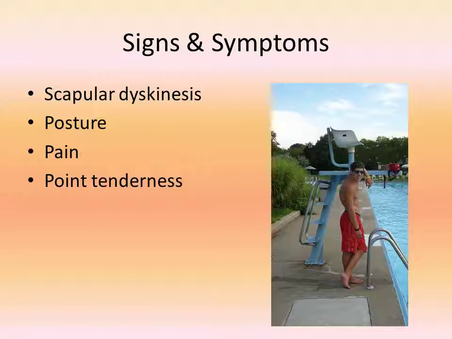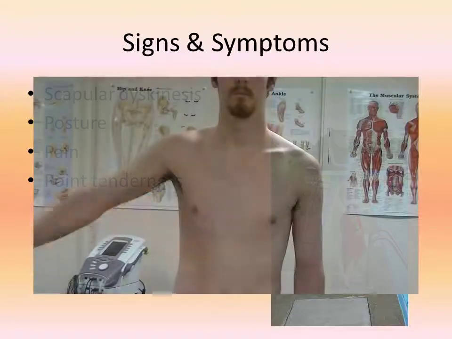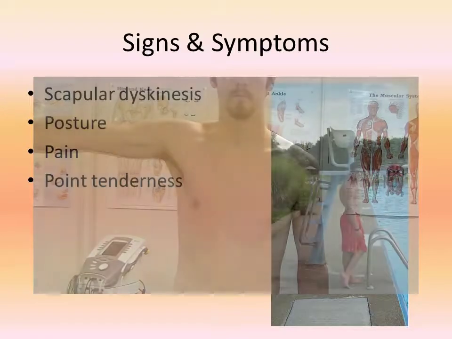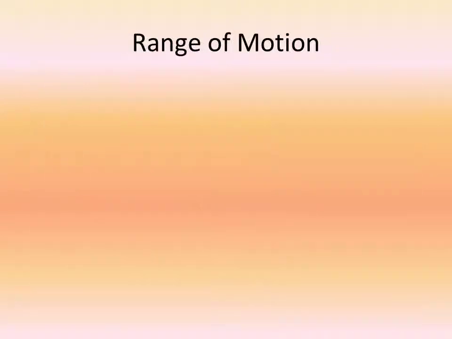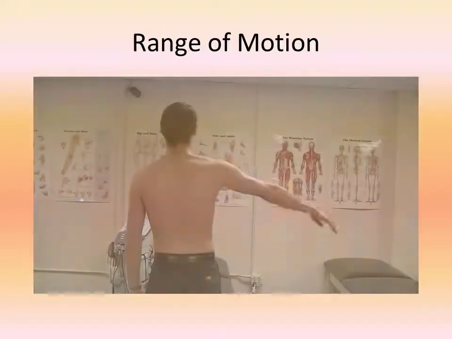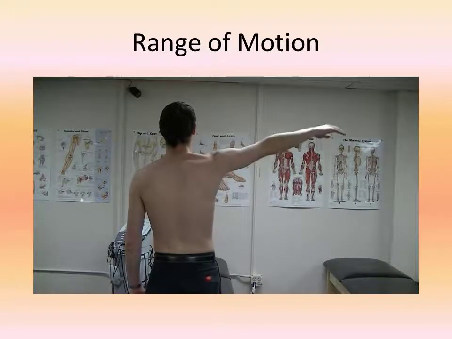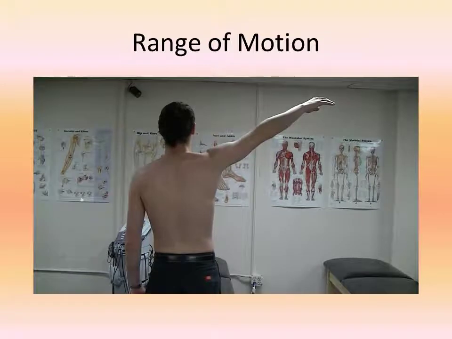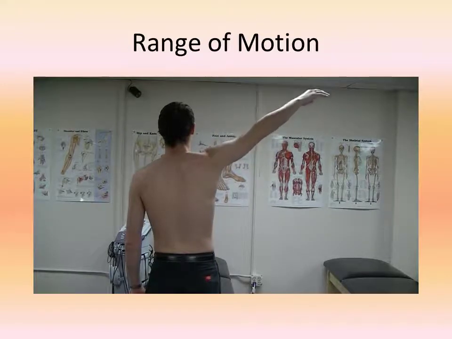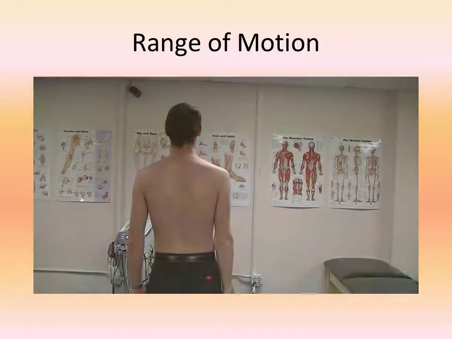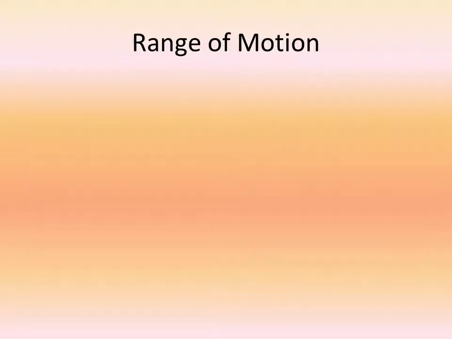The patient will also complain of nocturnal pain, and they will have pain with greater than 90 degrees of shoulder abduction and or flexion. Range of motion wise, we're going to look for the painful arc syndrome. This painful arc syndrome is 60 degrees to 120 degrees of abduction. In this position, the suprahumeral space is compromised, compressing structures within the space.